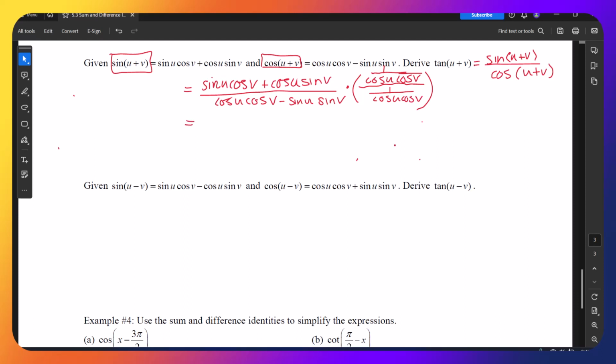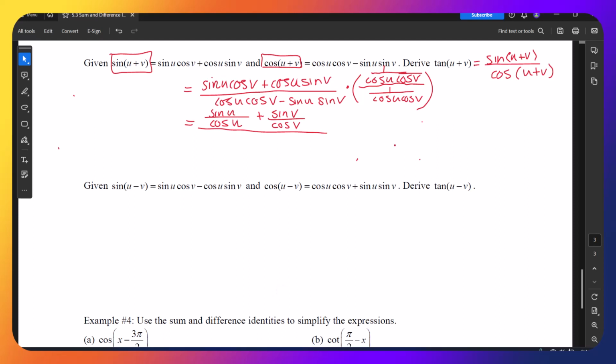Okay, so we distribute for the first term. If I multiply this by 1 over cosine u cosine v, I'll end up with sine u divided by cosine u plus sine v divided by cosine v, all over.